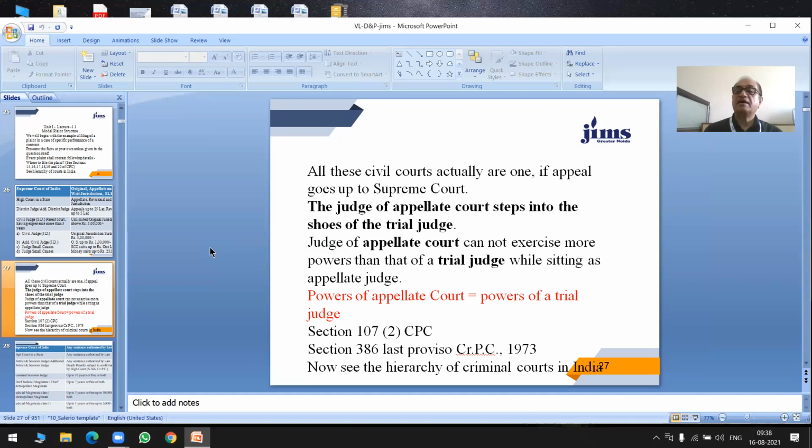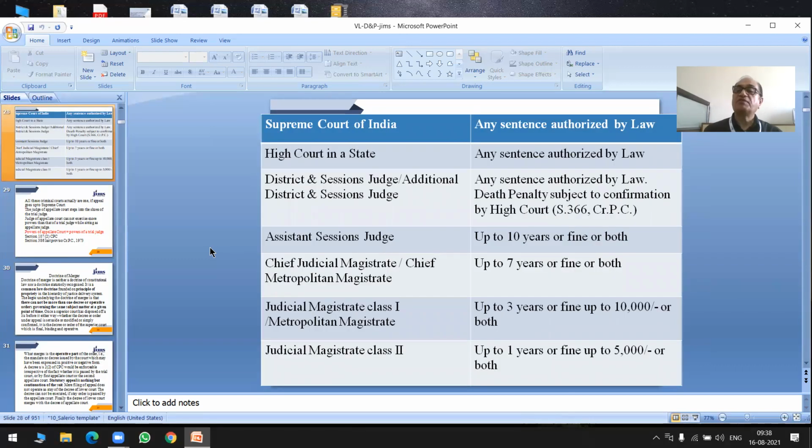Now let us have a glance upon the hierarchy of criminal courts in India also. Top of it, the court is Supreme Court of India, and they are authorized to pass any sentence authorized by law. Then High Court in the state is also authorized to pass any sentence authorized by law. Then we have the courts of district and sessions judges, and additional district and session judges.